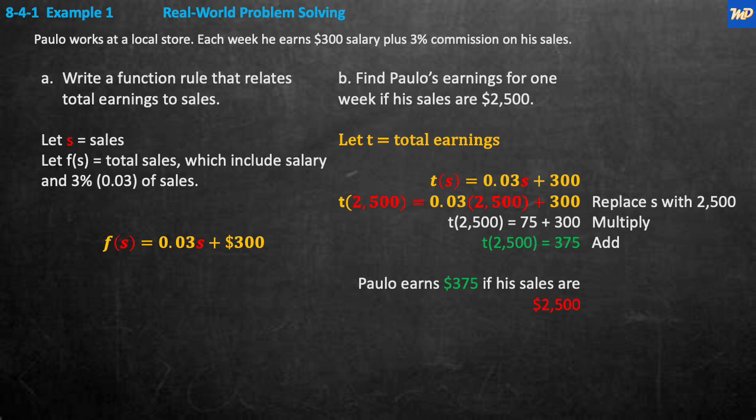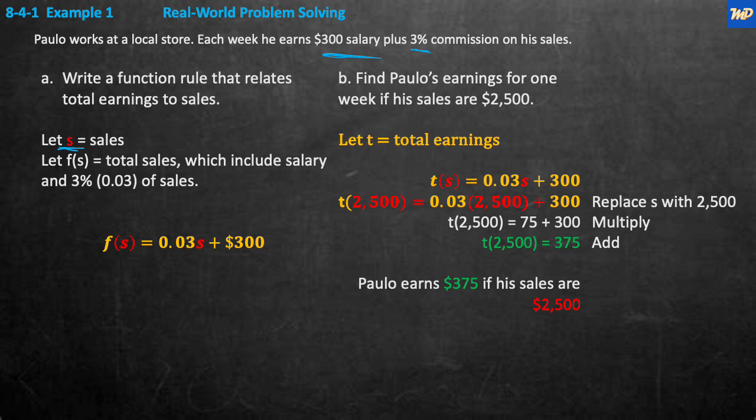Okay, example 1. This is a real-world problem. Paulo works at a local store. Each week he earns $300 salary, plus 3% commission on his sales. Write a function rule that relates total earnings to sales. We're going to let S equal sales, and we're going to let f of S equal the total earnings, which includes salary and 3% of the sales, 0.03.